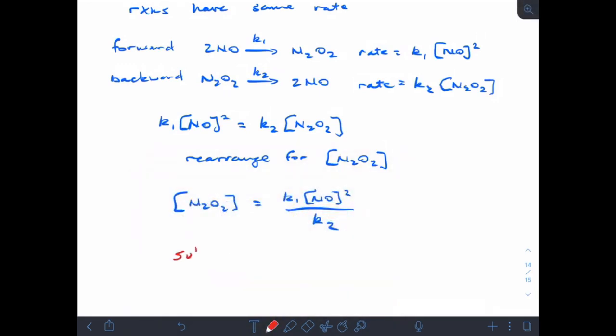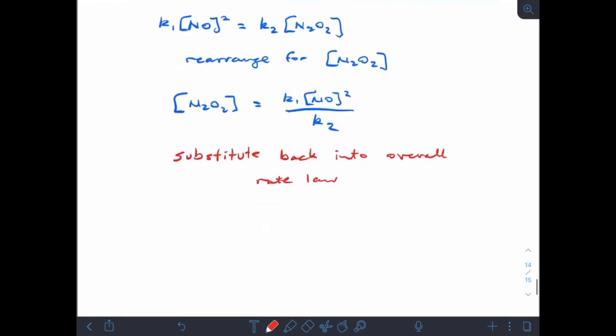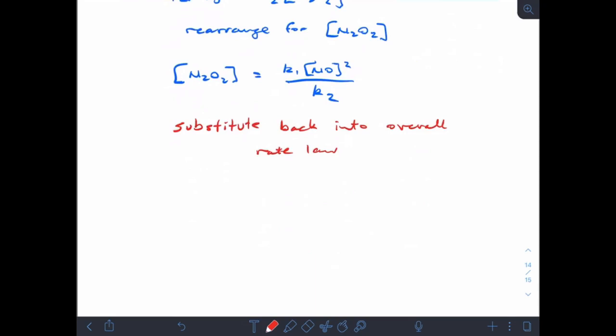Now we substitute back into our overall rate law. Our overall rate law was rate equals K3 N2O2 times O2.